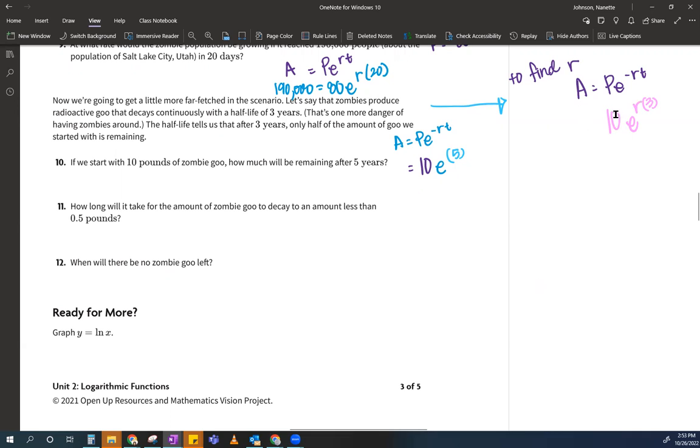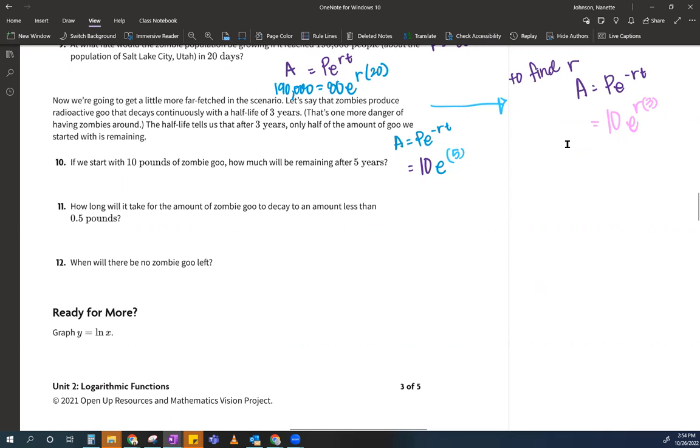Well, if I started with 10 and I'm leaving it alone for 3 years, how much stuff would be left after 3 years? Yeah, half of it. Half of it would be left, right? Because that's the whole point of half-life.